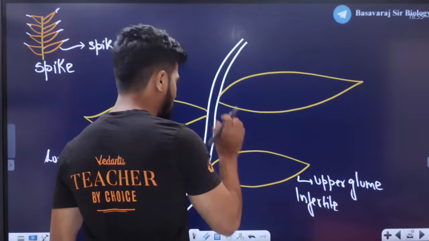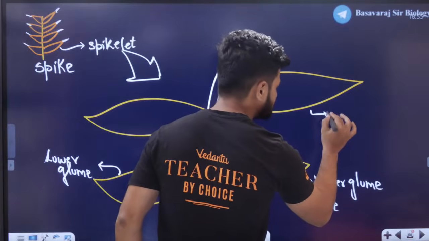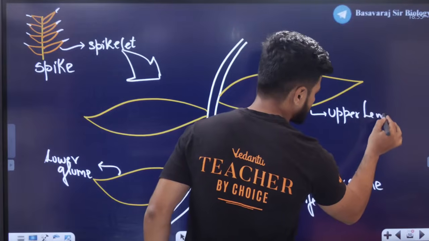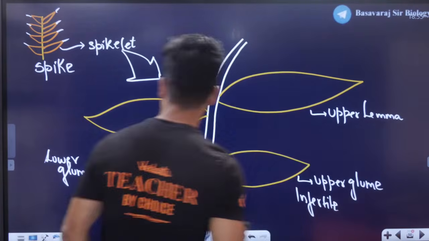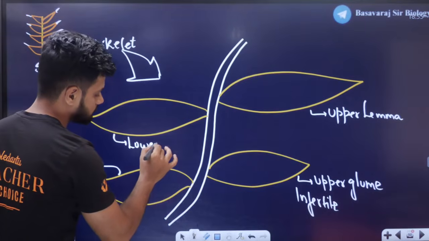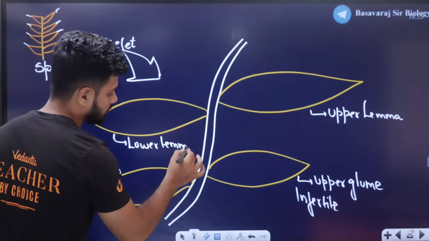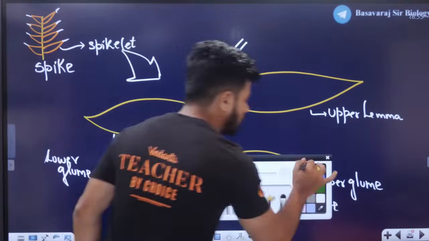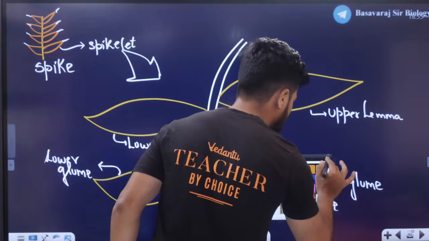This is called the lemma. It's called the upper lemma, and this is called the lower lemma. Okay. Now the upper lemma and lower lemma also have a special structure around them called the palea.